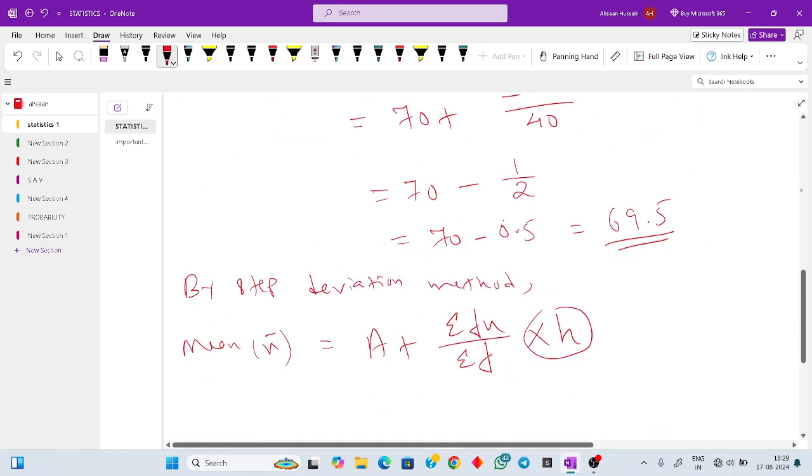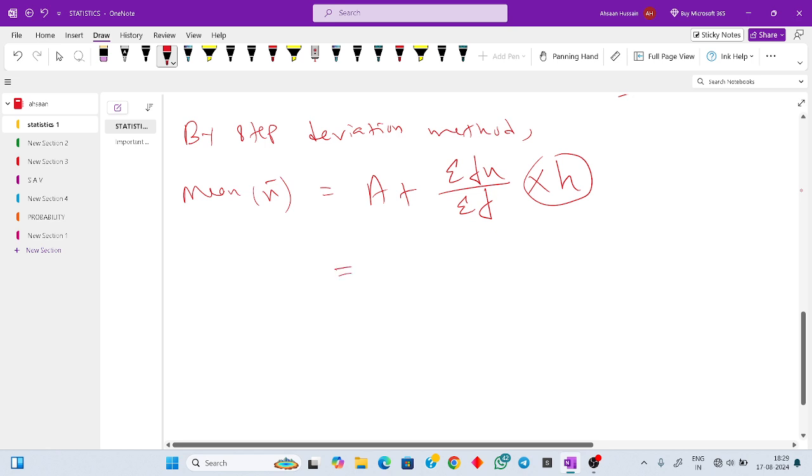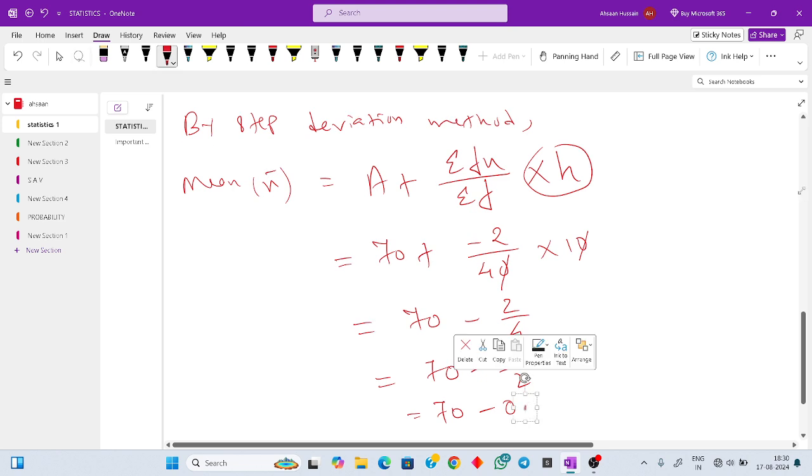That's why here we need to multiply it by 10. It's quite logical. So 70 plus negative 2 by 40 multiplied by 10 equals 70. You can cancel these two zeros. Minus 2 by 4. It means 70 minus 1 by 2, which means 70 minus 0.5.